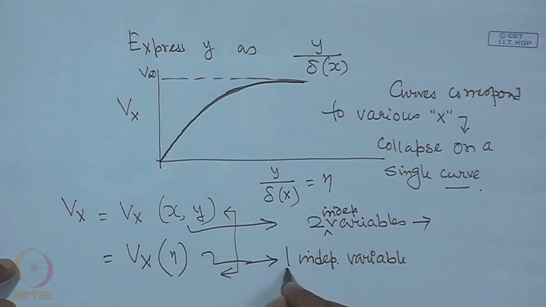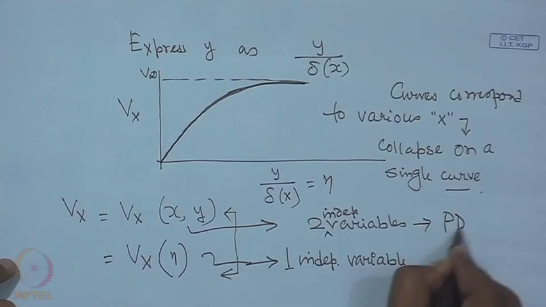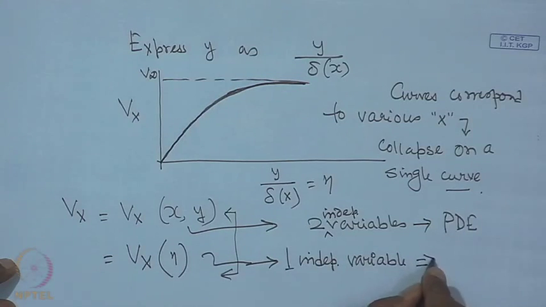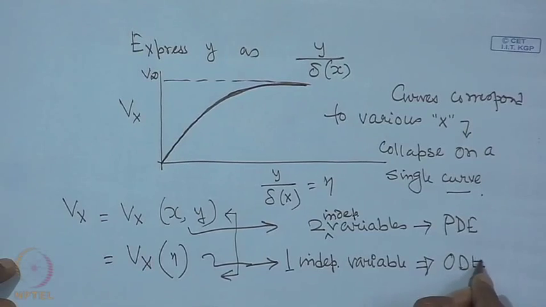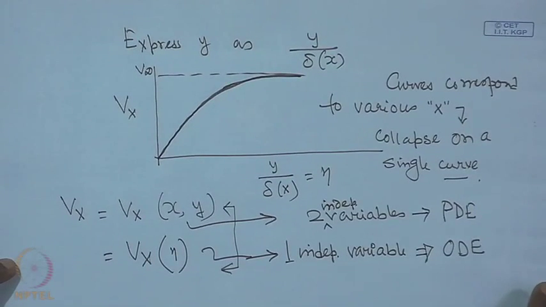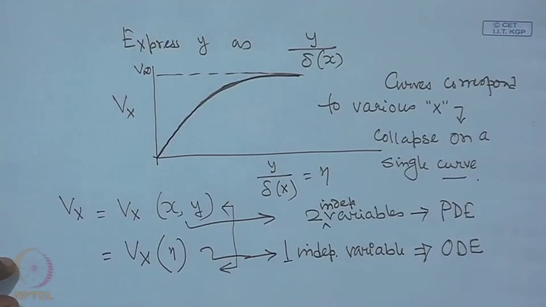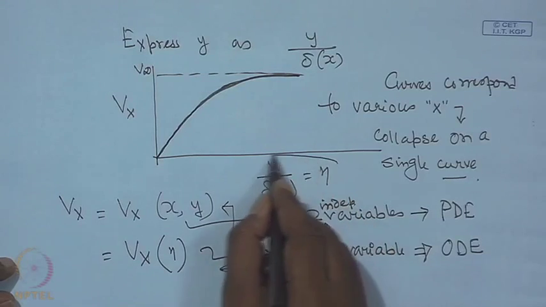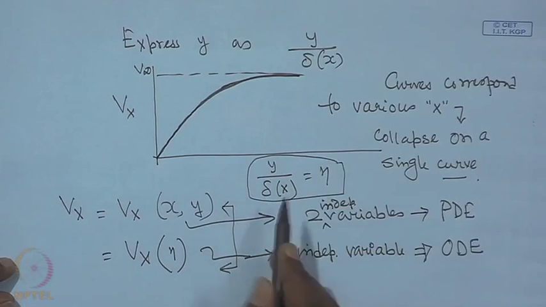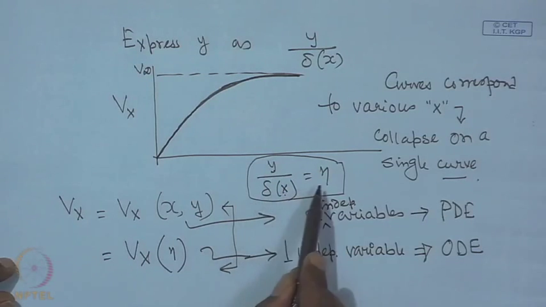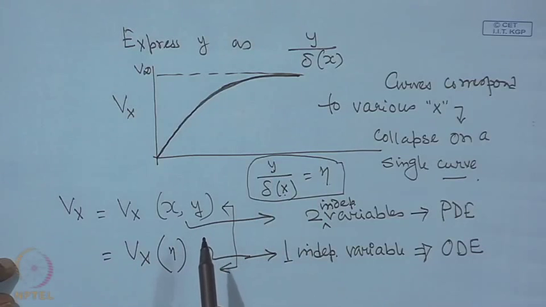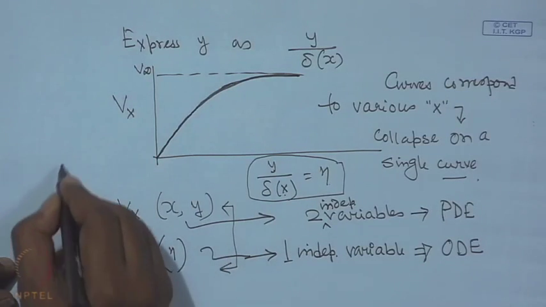Whenever we have two independent variables, the governing equation is a partial differential equation. When we have only one independent variable, the governing equation is an ordinary differential equation. This parameter eta, which is a combined parameter of y and x, since delta is a function of x, is known as the combined parameter or similarity parameter.